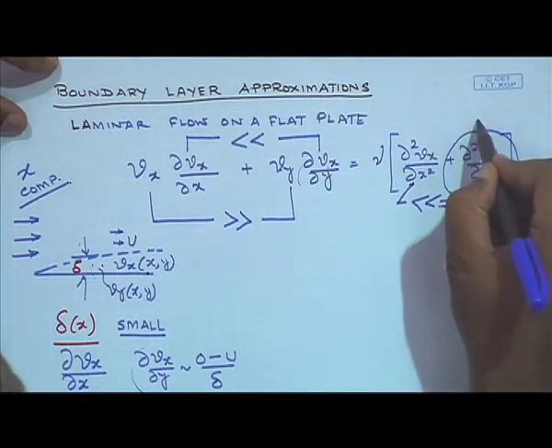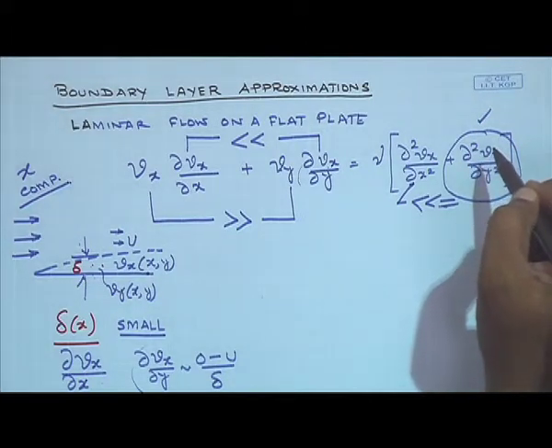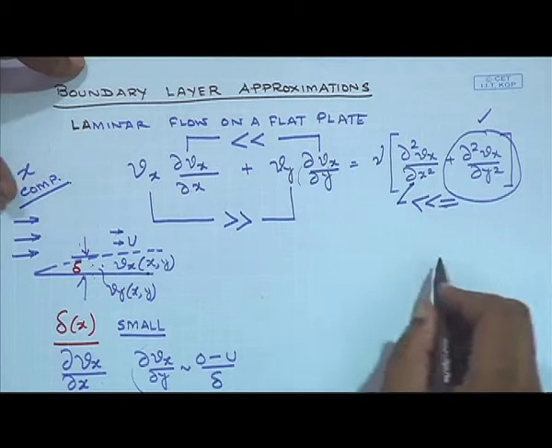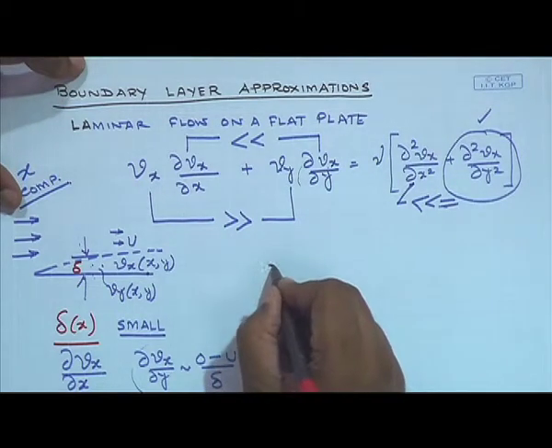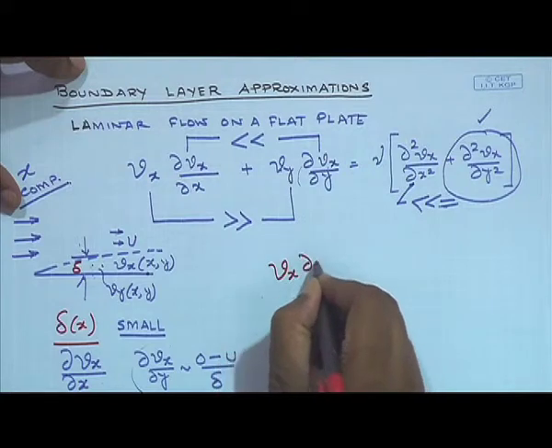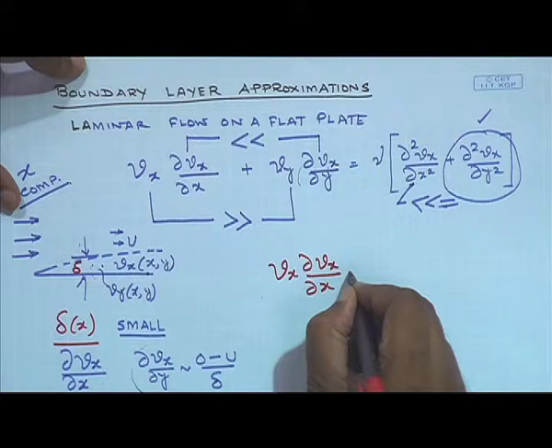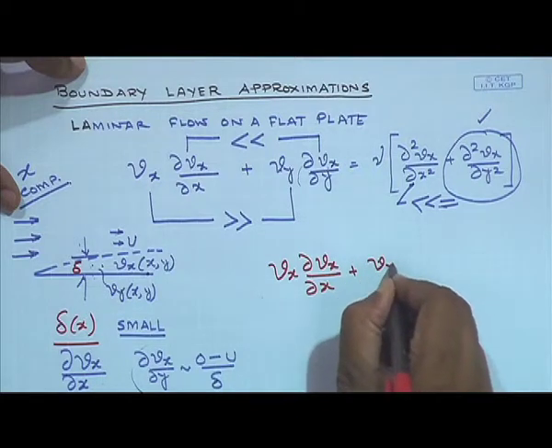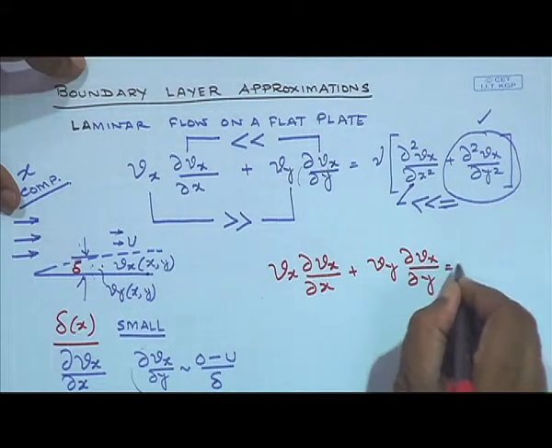So, the second term is going to remain in the Navier-Stokes equation, and the first term can simply be neglected. So, the final form of the Navier-Stokes equation for flow inside a boundary layer on a flat plate can be written as this.